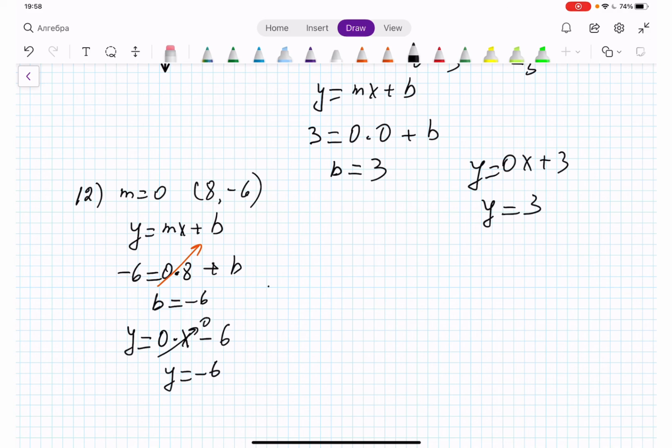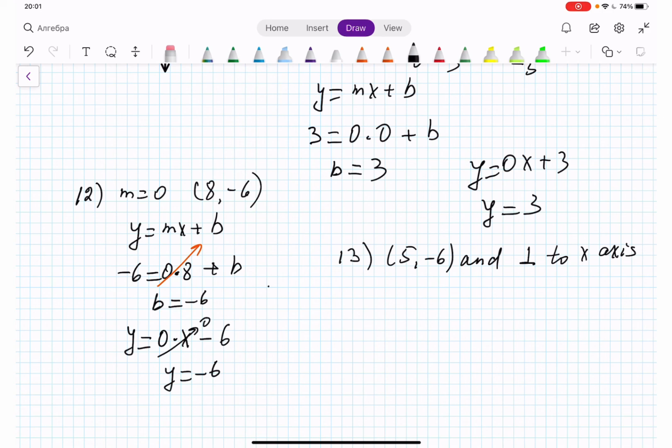Our equation. Number 13, what do we have to do? So find the equation of the line that passes through (5, negative 6) and is perpendicular to the x-axis.